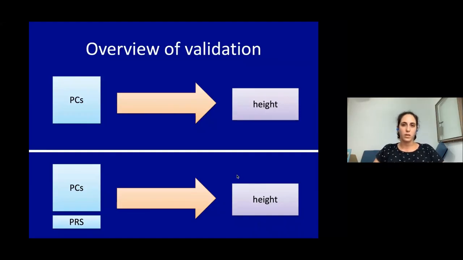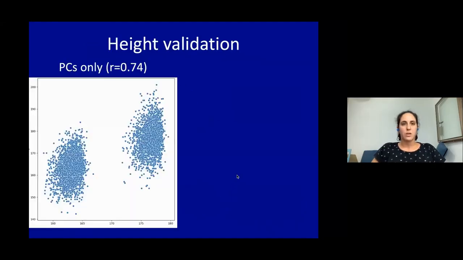We compare these two models to see their effects, and more specifically to see how much the PRS adds to our predictions. So when we ran only on PCs, we see that our Pearson correlation is 0.74. You can see on the y-axis the true height, and on the x-axis the predicted height. What we actually see here is two groups.